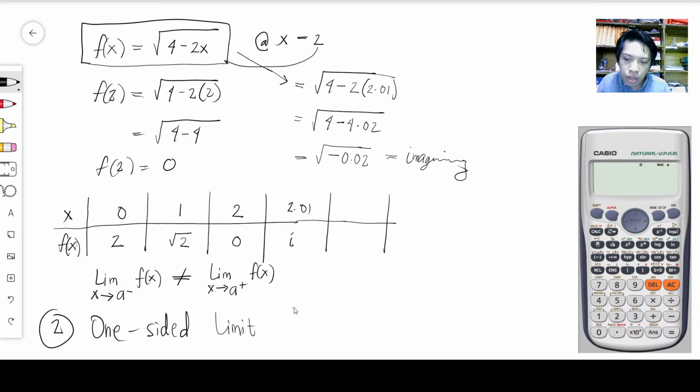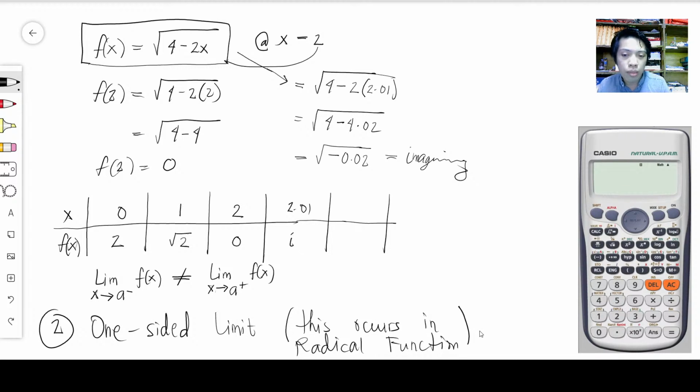Or sometimes this is called, this occurs in radical functions. So you have to remember this type of discontinuity. And one-sided limit, this is when the left-hand limit and the right-hand limit of the function are not equal.